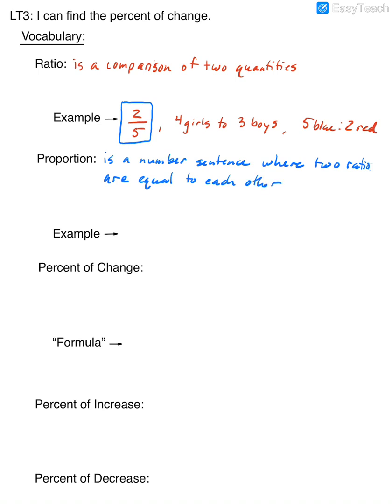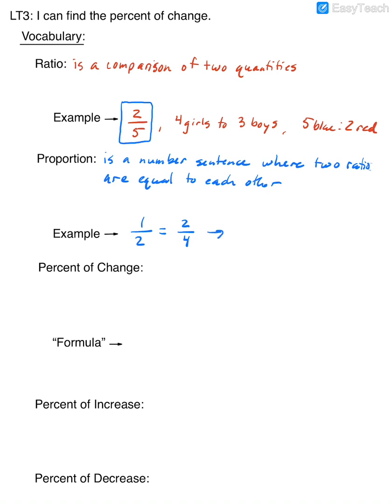Okay, so now remember that they're equal, so the ratios need to be the same. Now they can be written differently, but they just need to be the same to each other. So an easy one here is like 1/2 equals 2/4. Now I can easily reduce 2/4 to 1/2 because they both have a value of 2 that you can cancel out, but that's the basic idea of a proportion.